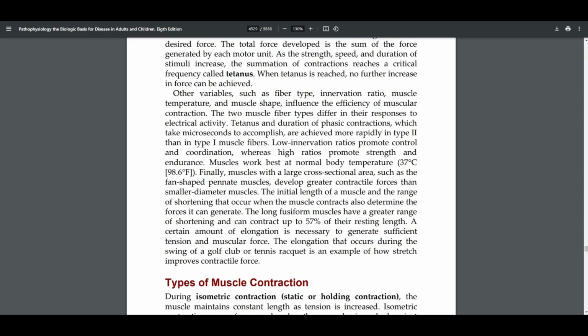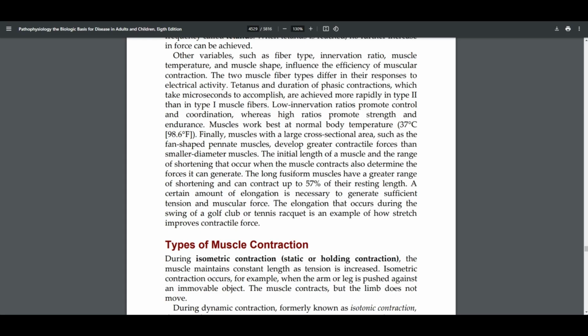Other variables, such as the fiber type, innervation ratio, muscle temperature, and muscle shape, influence the efficiency of muscular contraction. The two muscle fiber types differ in their response to electrical activity. Tetanus and duration of phasic contraction, which take microseconds to accomplish, are achieved more rapidly in type 2 than in type 1 muscle fibers.